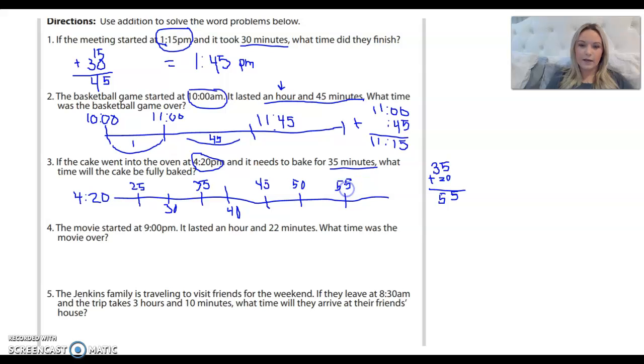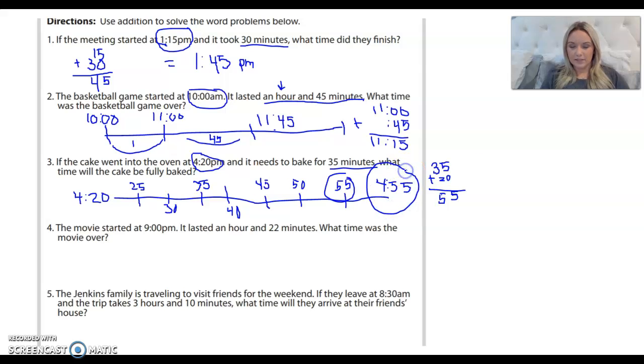I know that it baked for 35 minutes. I can count on my hands too if I need to. So 35 plus 20 is 55, so I stopped at 55, right? We're still in the 4th hour, so that means that at 4:55, 35 minutes will have gone by, and you can take the cake out of the oven.